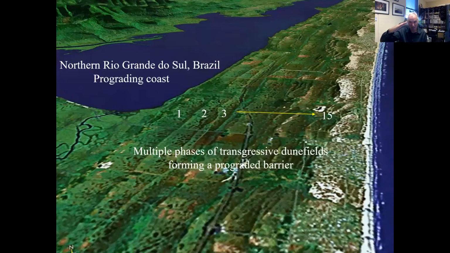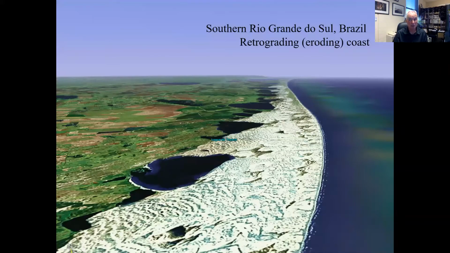And these things are just stacking seawards as the beach progrades. But we also see that on the eroding coasts of southern Rio Grande do Sul as well, where you have a phase here, another phase here, and another phase here. But in this case, highly eroding coast and all active at the present time. But again, building on both eroding coasts and accreting coasts and stable coasts, just with large scale sediment supply.